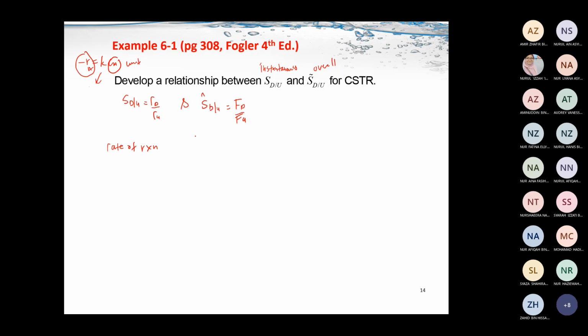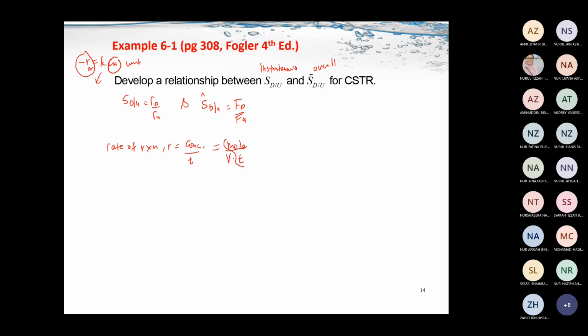From here, the rate of reaction is defined as concentration per time. Remember the unit for rate of reaction is concentration per time. You can expand it as moles over V times T, where V is volume.